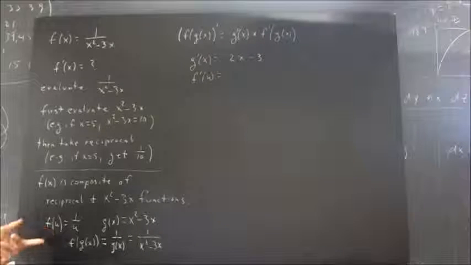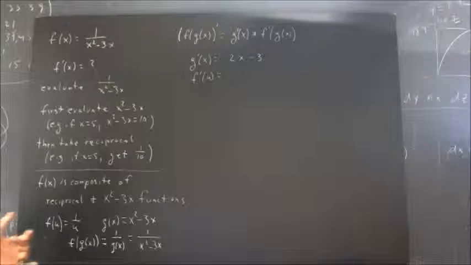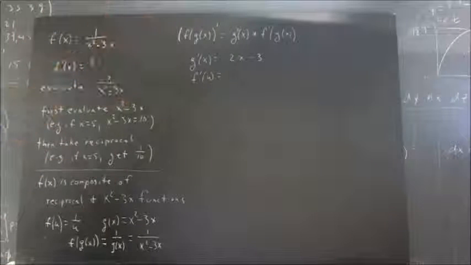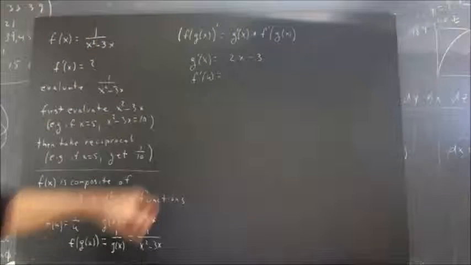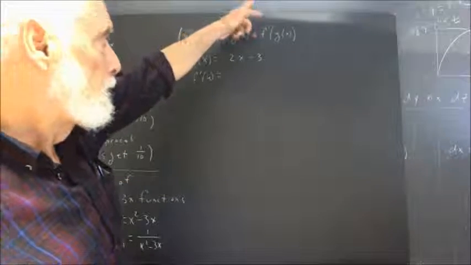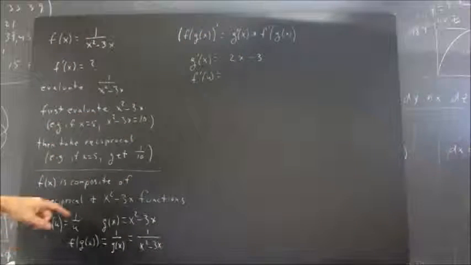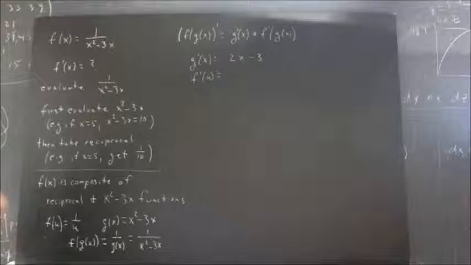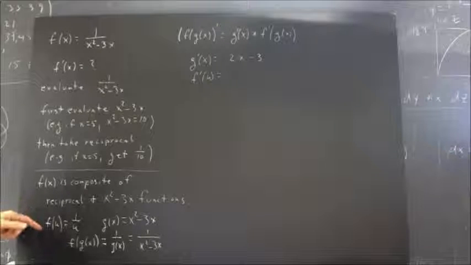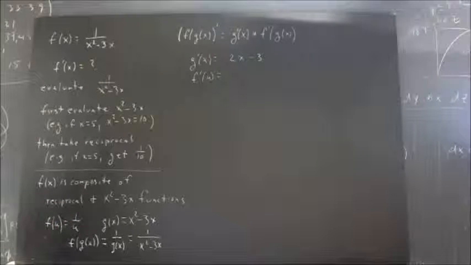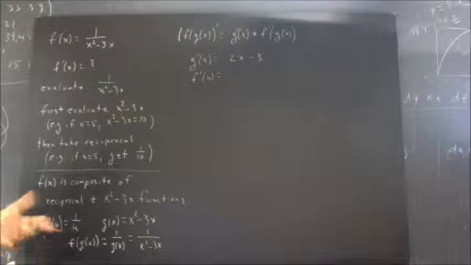Now, f of u, what's the derivative of f of u? I haven't been real specific about what the derivative is with respect to, but since your f function is 1 over u, we're going to take the derivative of f with respect to u. Now, 1 over u is u to the negative 1. It's a power function.